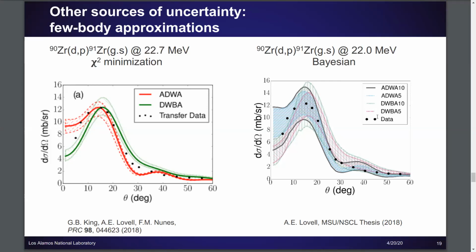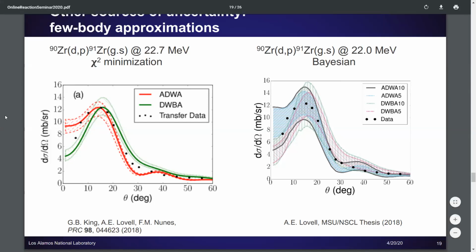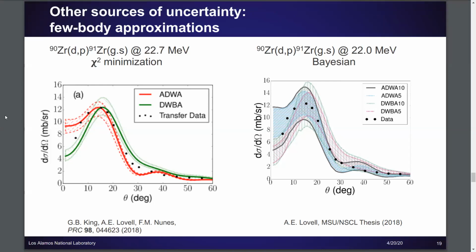So one of the other sources of uncertainties was the few body approximation, right? I've talked both about the DWBA and ADWA calculations. And so we've looked at how these two calculations differ when you only look at uncertainties coming from the optical potentials. And those are the examples shown here.